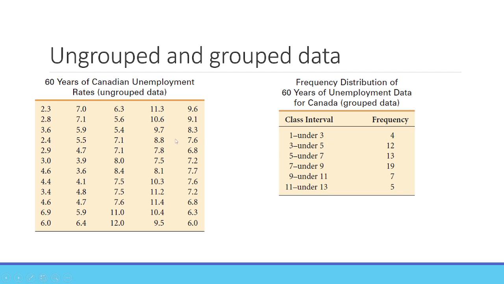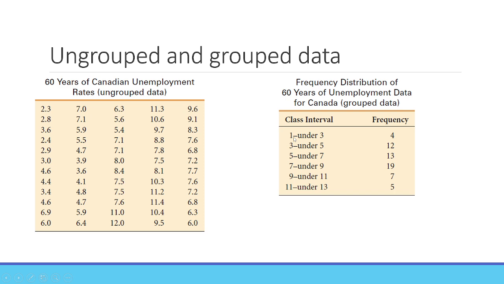If there are 1 lakh values, there might be plenty of class intervals, but that does not happen. The unemployment rate will follow a certain range. Like here it is moving from say 1 to 13.